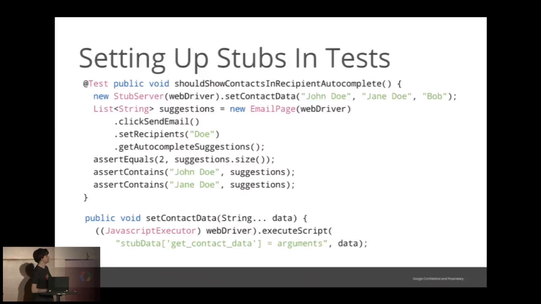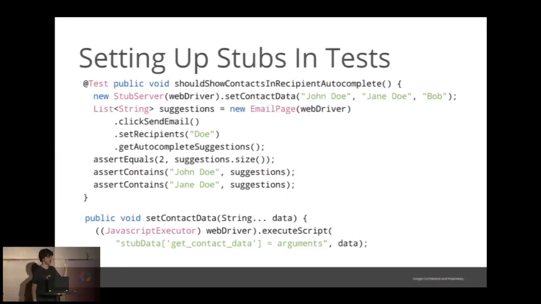And so what I do here is define this stub server object, which works kind of like a page object in that it encapsulates interaction with WebDriver, except rather than interacting with an object on the page, it's just representing the server. So when I call set contact data on that fake server, it runs this little bit of JavaScript through WebDriver to assign that data to a global variable I defined earlier. And then when I run the test, I just proceed as normal.